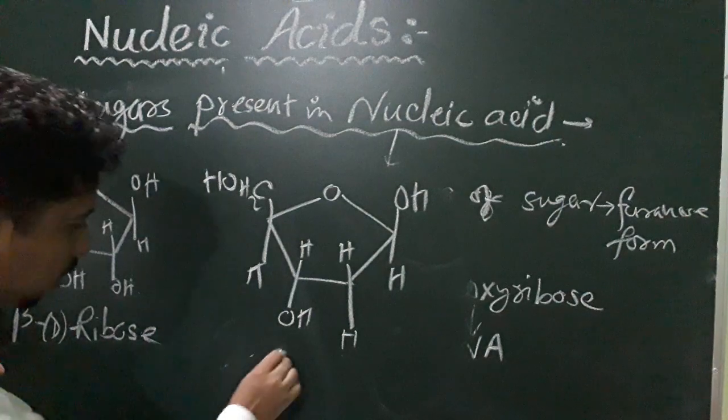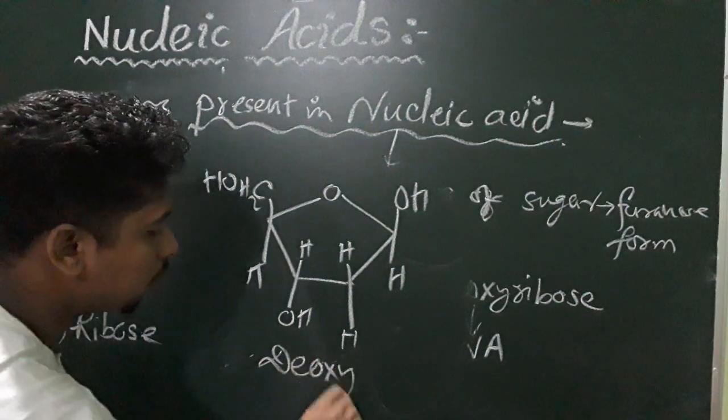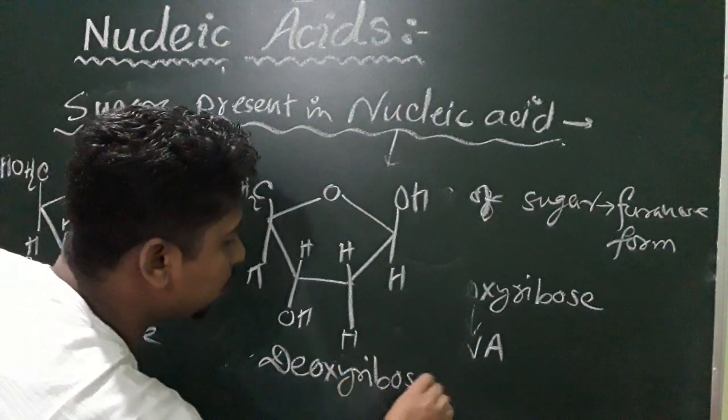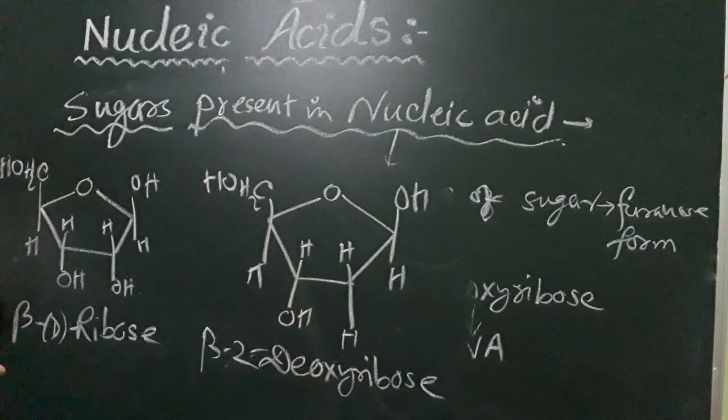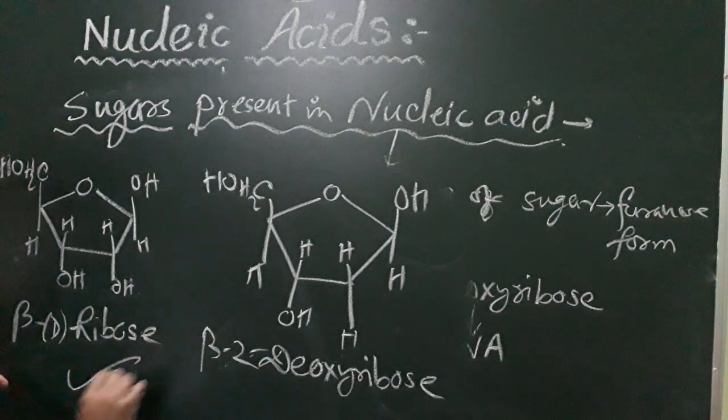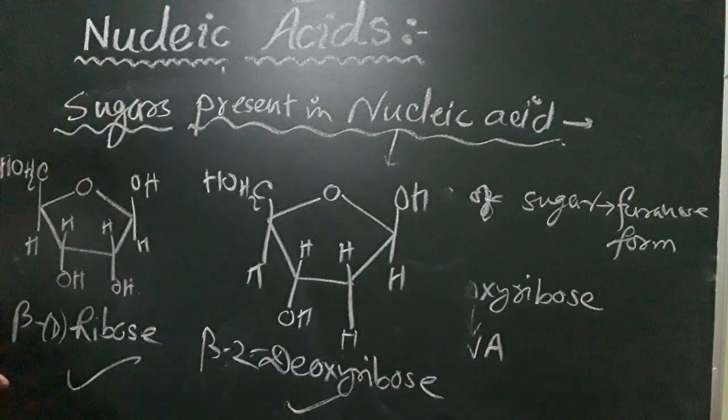So this is deoxyribose, or you can say the beta 2 deoxyribose. So this is the structure of ribose and this is the structure of deoxyribose.